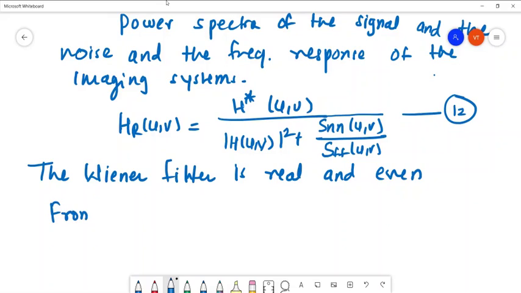From figure 2, in figure 2 we have shown degradation as well as the noise, right?